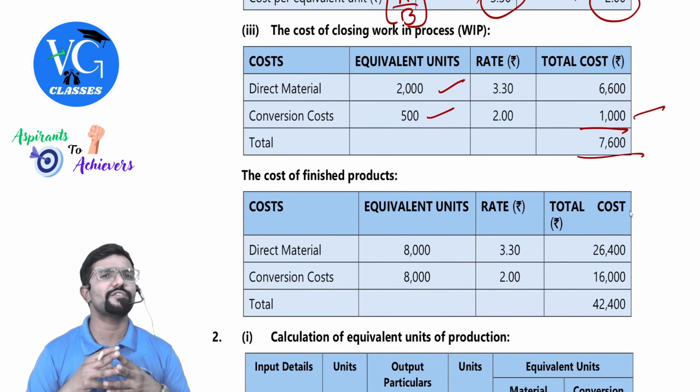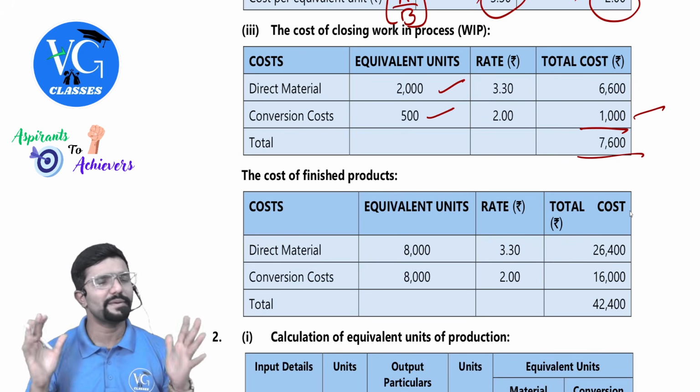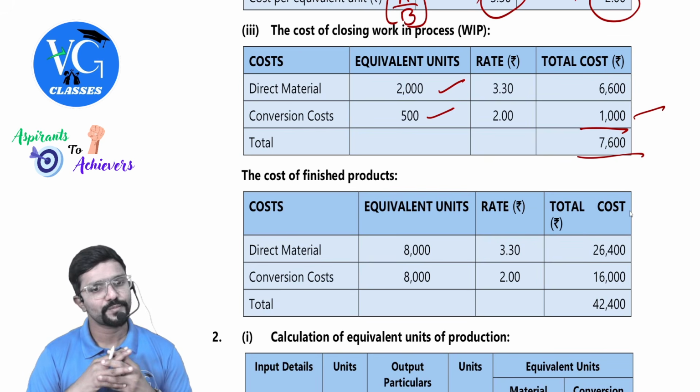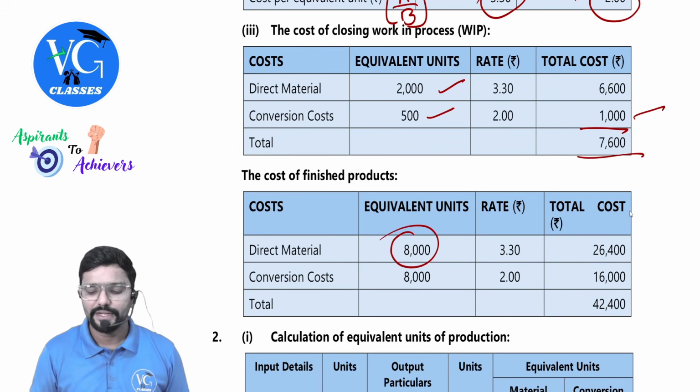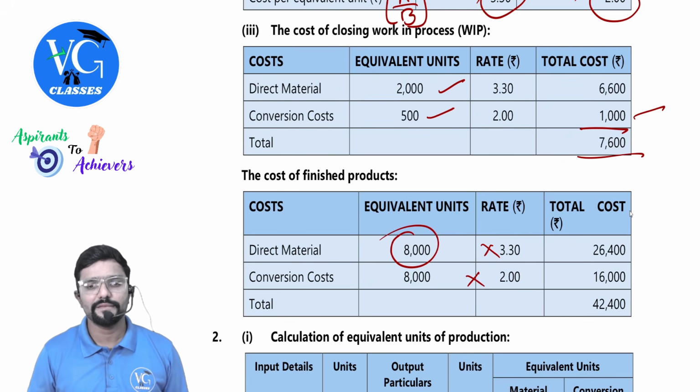Then cost of finished products. Better do it as a statement of evaluation, in one statement only. You can calculate both the cost of finished goods here: direct material equivalent units 8,000 complete into 3.3, and conversion cost 8,000 into 2.